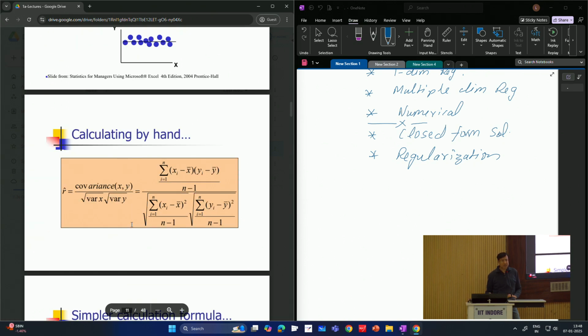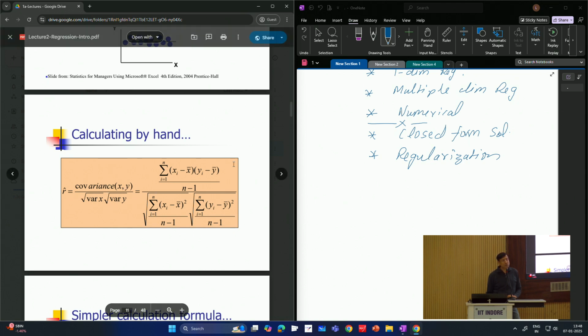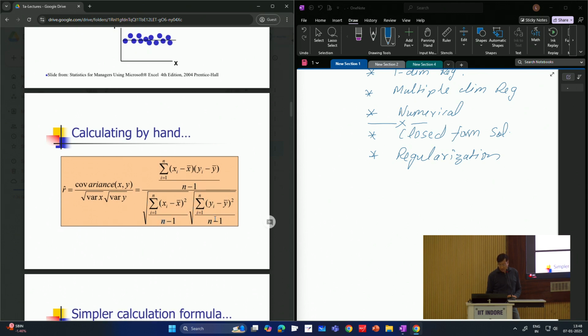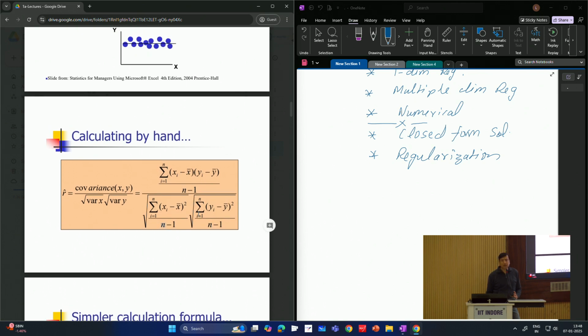Calculating by hand is very basic even. I think you will learn this in 6th, 7th, 8th grade. So R is covariance divided by the two standard deviations. You substitute those values. You can see that the n-1 cancels out. You can see here, again, there's an n-1. So if you were using n here, you would use n for both the variances and it will not matter.